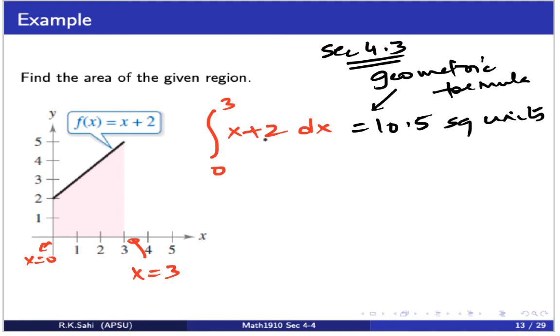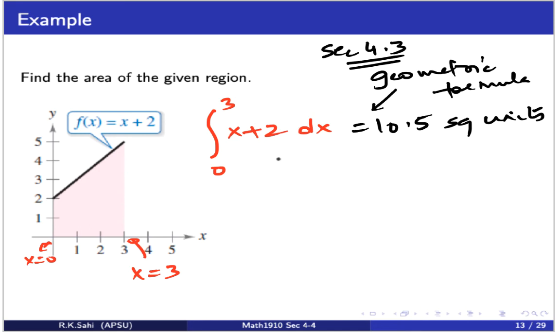Now we're going to apply the theory we have learned, that is, the first fundamental theorem of calculus, on the left-hand side of this equation to see if it exactly matches what we got from the geometric formula. Okay, let's go ahead and apply it.